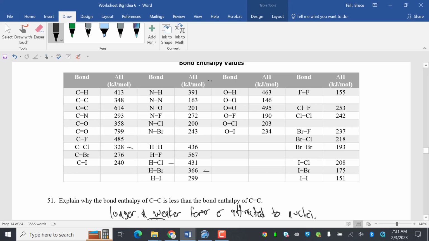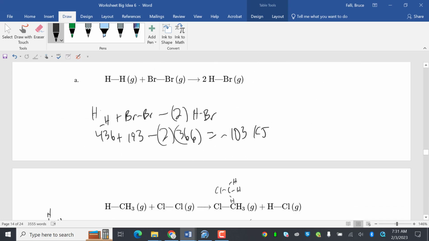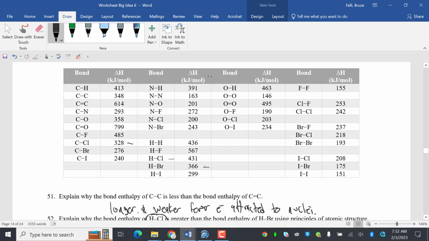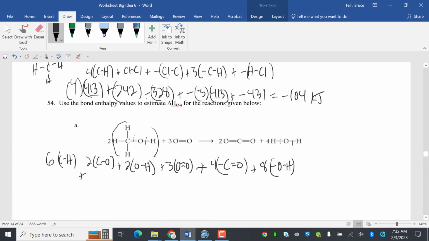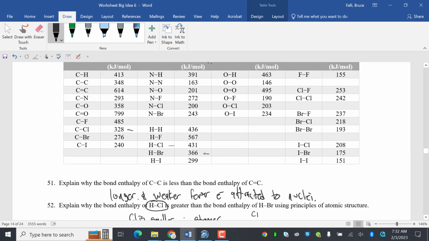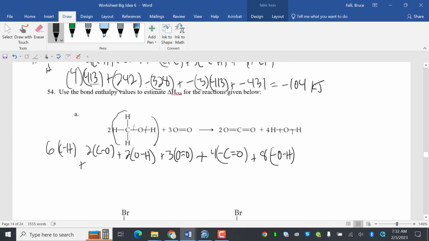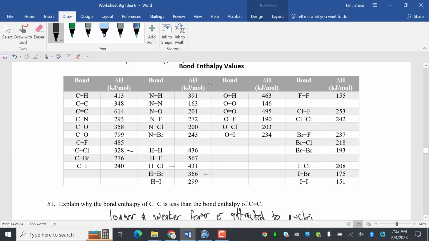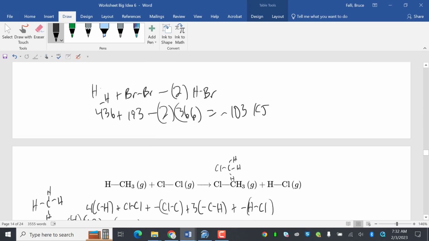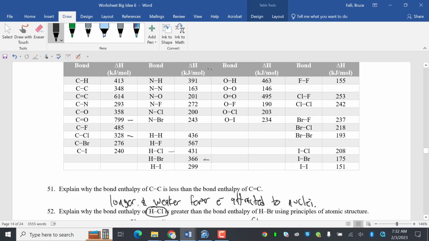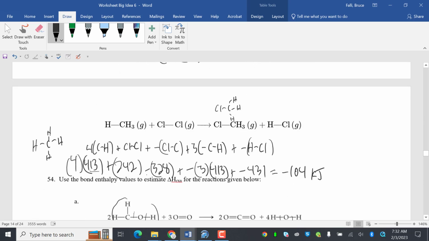Plus quantity 2 times 358, close quantity, plus 2 times OH, quantity 2 times 463, plus 3 O double O's, plus quantity 3 times 495, close quantity, plus 4 times negative C double O, so plus quantity 4 times negative 799, close quantity, plus 8 times negative OH, negative 463, close that, and I get negative 1295.